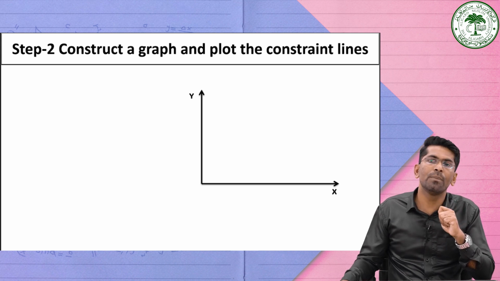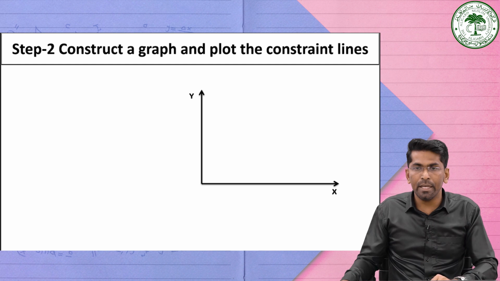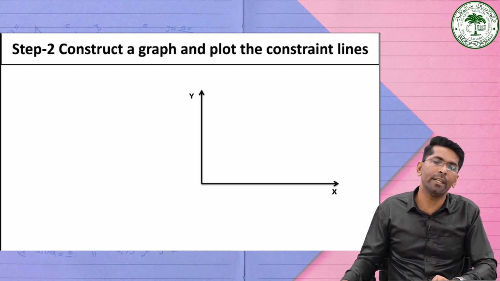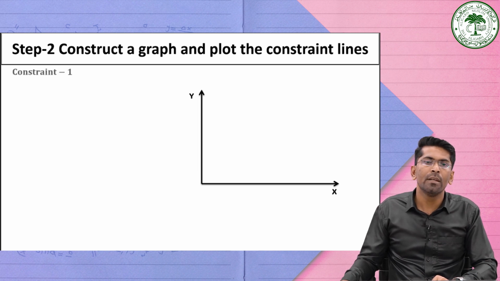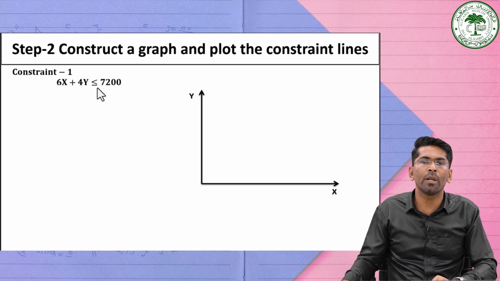For this particular purpose, replace the inequality sign in each constraint by an equality sign. First we are going to consider constraint number 1, which was 6x plus 4y less than or equal to 7200. But now we are making this inequality sign into an equality sign.